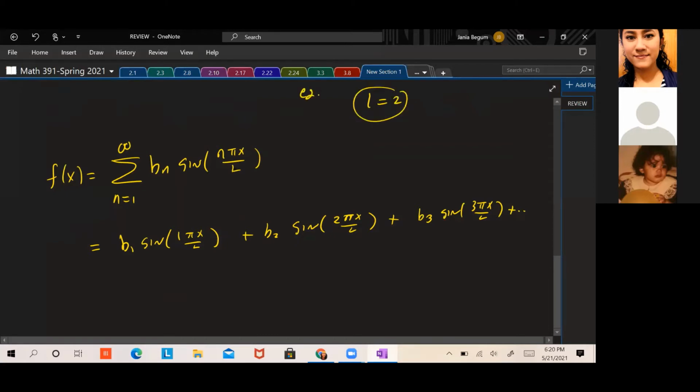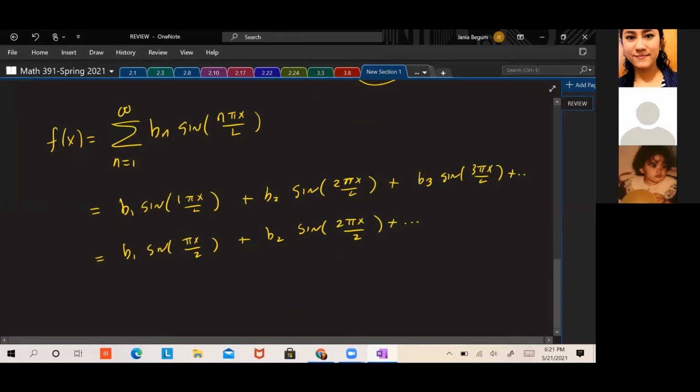So if you plug L into this, just in general, you have b1 sine of pi x over 2 plus b2 sine of 2 pi x over 2 and so forth. Now I want to know what's the coefficient of, say, sine of pi x. So suppose that's the question. So that means, which coefficient are we looking for?